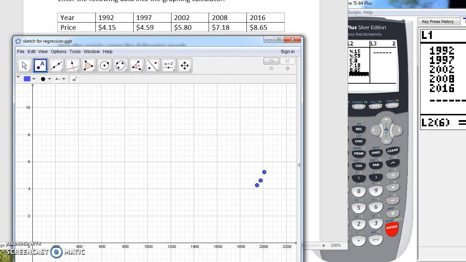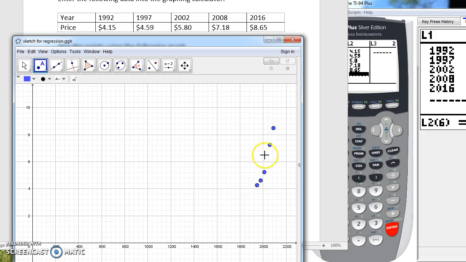And 2008 and $7.18. So 2008's over a little bit more. Here's 6, 7, and 18 cents. And 2016, $8.65. So 2016 is going to be somewhere here, $8.65. That's going to be up here.